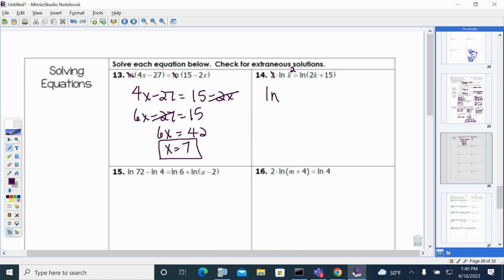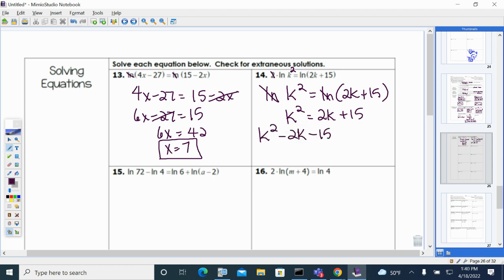And now I've got natural log of k squared is equal to natural log of 2k plus 15. And now we can drop those logs and solve the equation that we've got left. Now it is a quadratic because we have a k squared. So I'm going to subtract the 2k and subtract the 15.